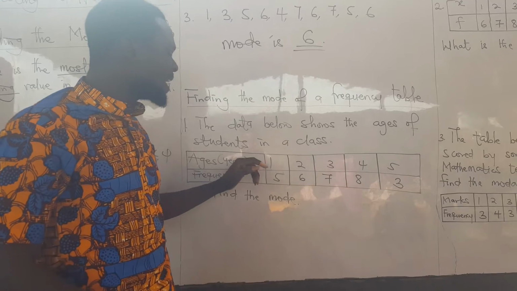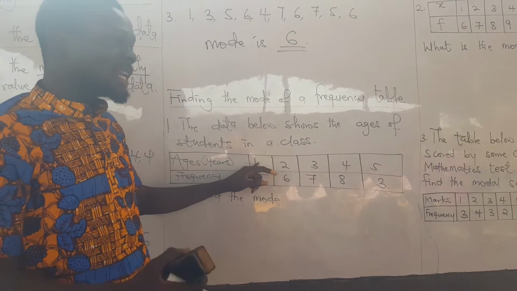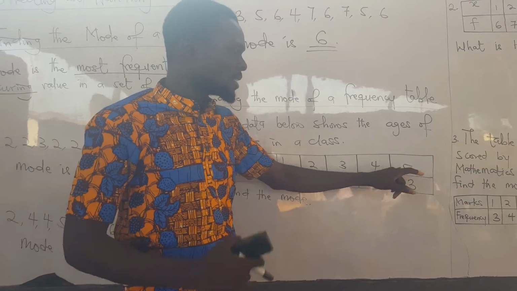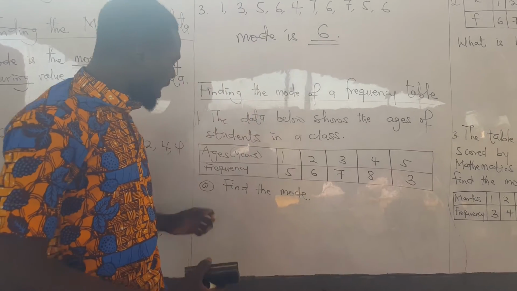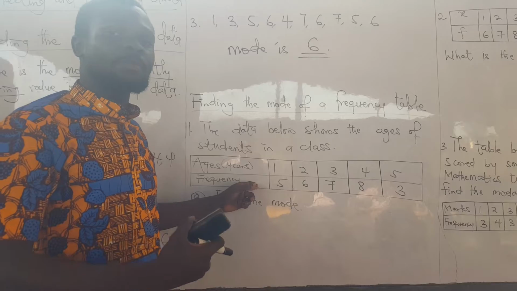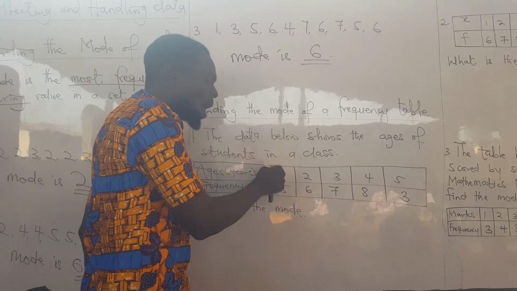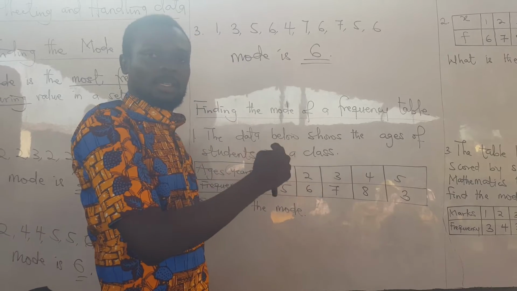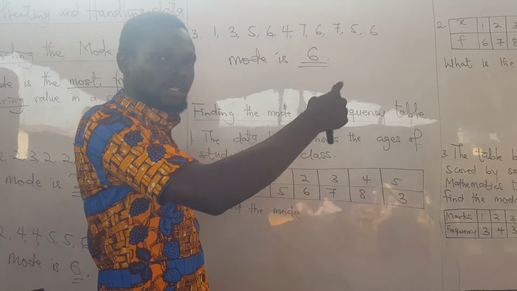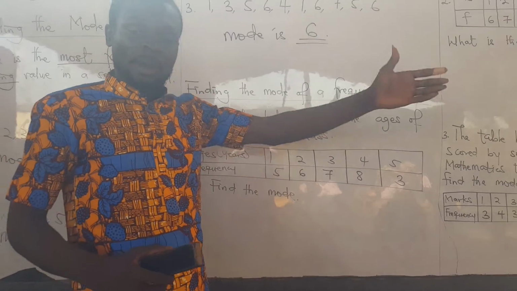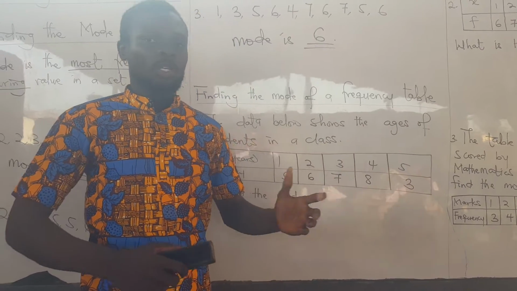When you look at the ages, we have 1 year, 2 years, 3 years, 4 years, 5 years. The frequency here means the number of students that are 1 year, 2 years, 3 years, 4 years, and 5 years. We will talk about the frequency table in our previous video.